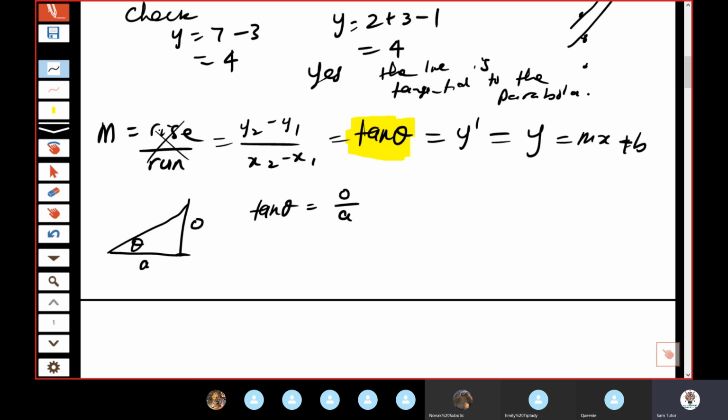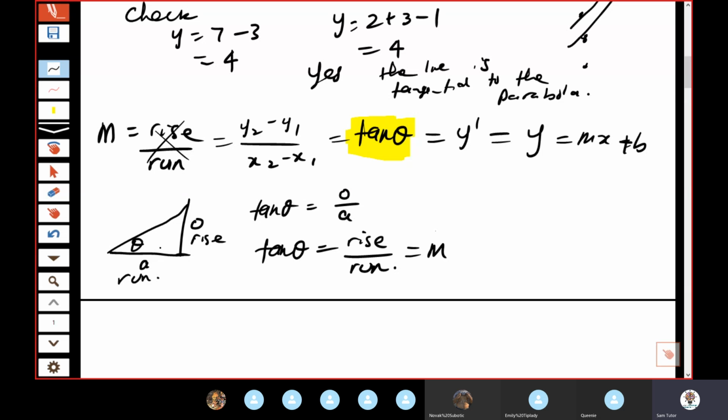If I change opposite to the word rise, and adjacent to the word run, you get tan theta equals rise over run, which means tan theta is equal to m. So the gradient is equal to tan theta. That's the most basic way to prove it. From now on, if you ever get gradient and an angle, it's always m equals tan theta.